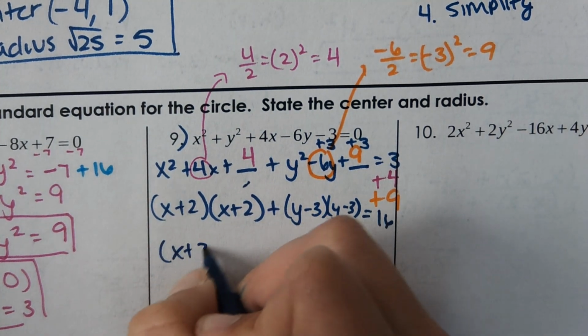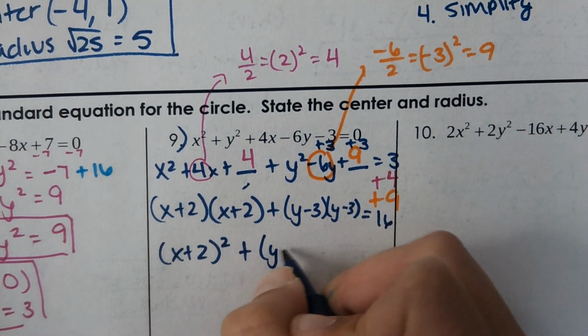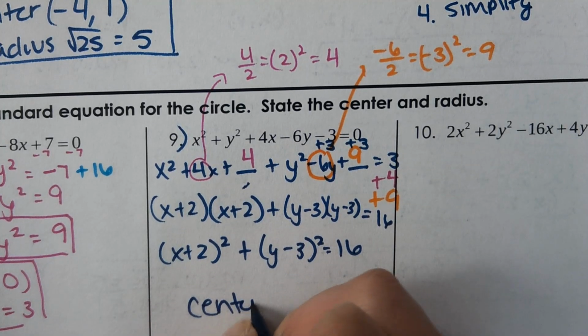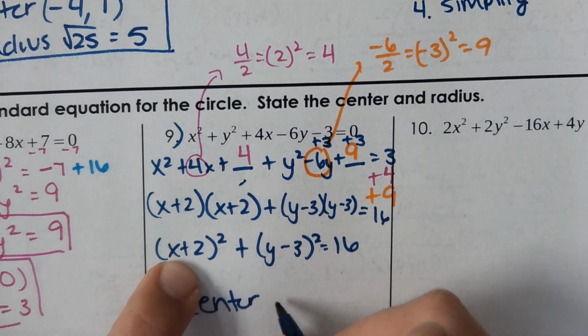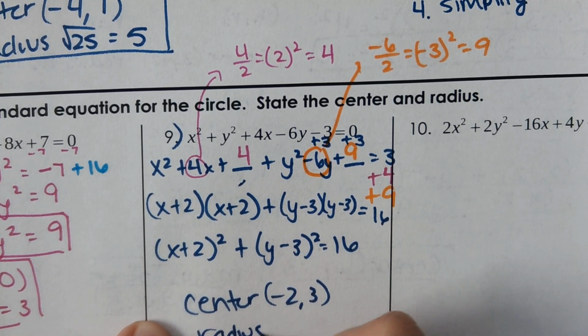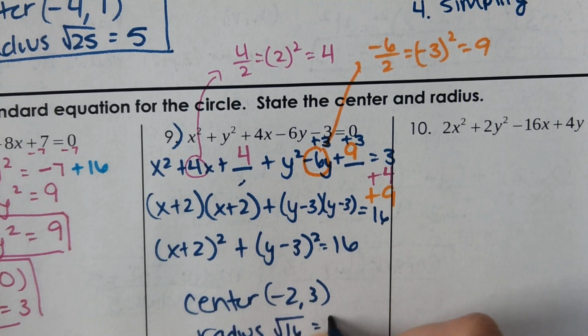So I get x plus 2 squared, y minus 3 squared equals 16. The center, I can then easily pull out -2, +3, and then radius, square root of 16 equals 4.